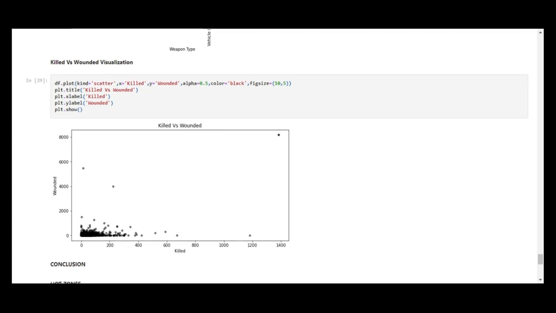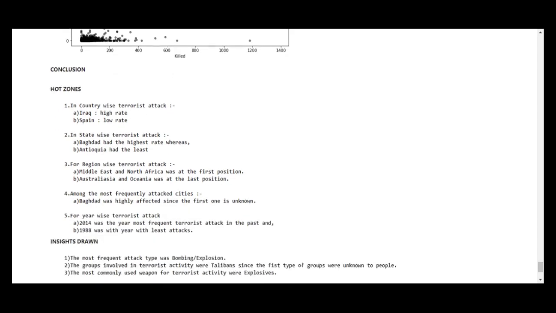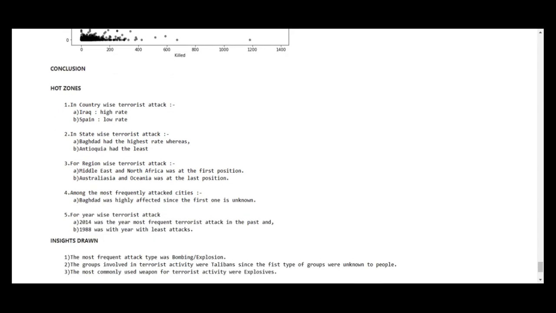Last, to conclude this task, in hot zones, country-wise terrorist attacks, Iraq had the highest rate, Spain had the lowest rate. In state-wise terrorist attacks, Baghdad had the highest rate, whereas Antioquia had the least. For region-wise terrorist attacks, Middle East and North Africa was at the first position, Australasia and Oceania was at the last position.